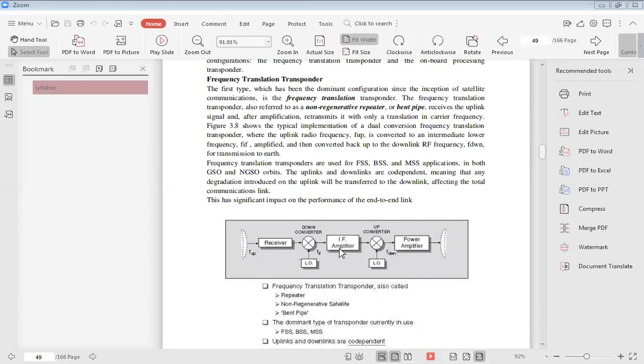Just like the super heterodyne receiver, you all remember the super heterodyne receiver, the local oscillator frequency is subtracted from the received signal. Then this is the intermediate frequency, and again it is up converted to the downlink frequency and power amplified, then transmitted to the earth station. That is the procedure of frequency translation in the transponder, or it is called the repeater.